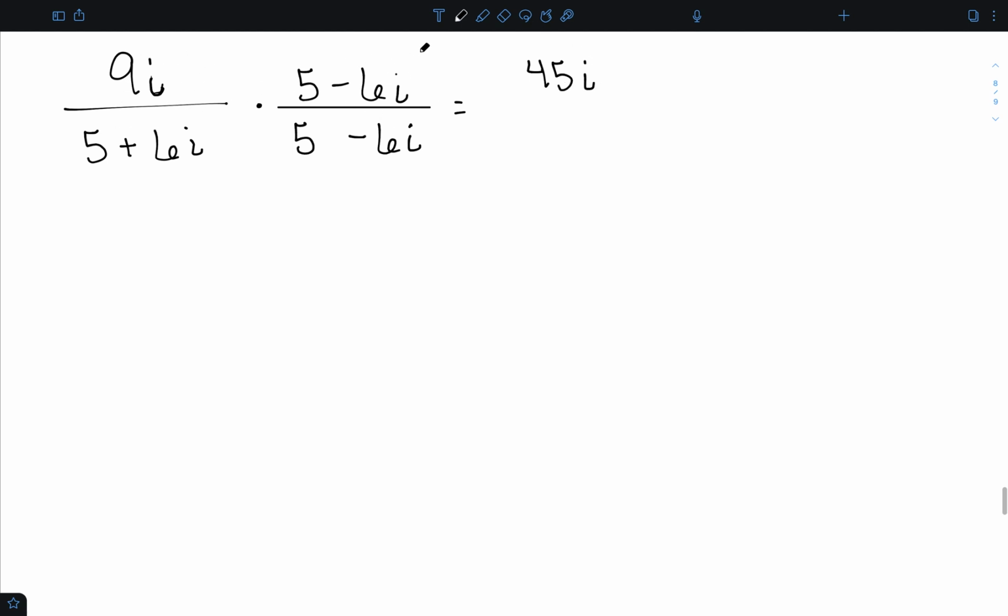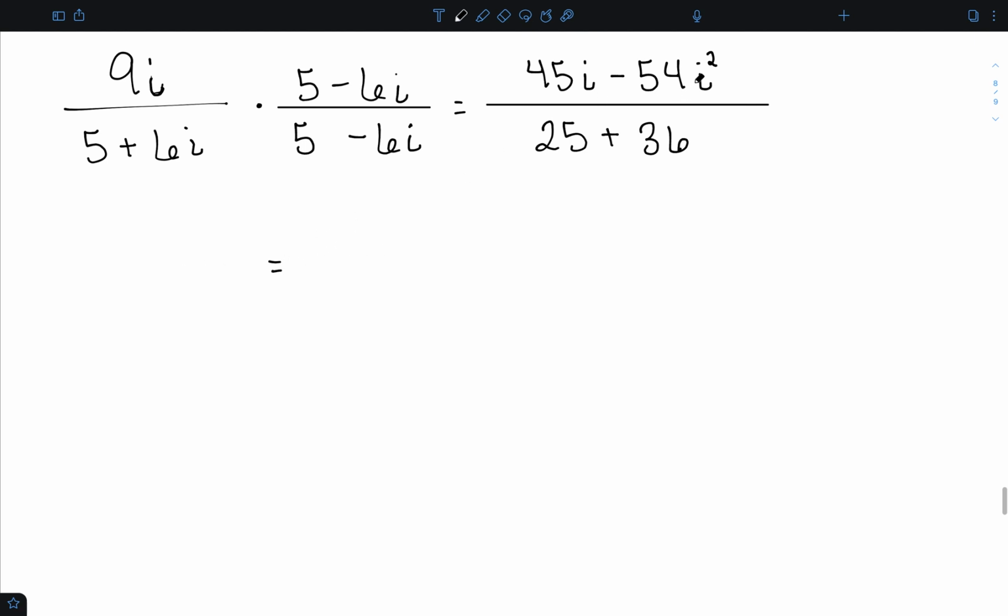And 9i times minus 6i would be negative 54i squared. The denominator, since these are complex conjugates, I end up with a squared plus b squared. So I have 5 squared plus 6 squared.